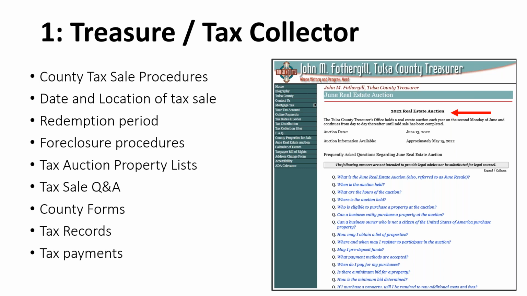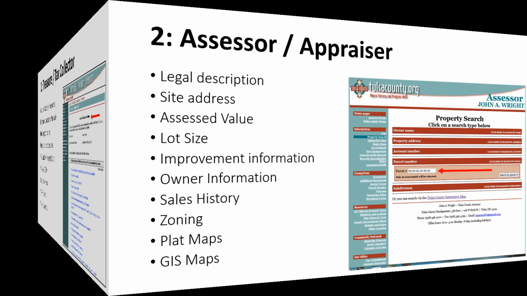Yeah, exactly. Here, the auction was handled by the treasurer. And so this is where we went to get the tax sale list to find out about any rules, dates, anything like that. This is where we went to essentially get that information. And now once we got that information, that's really where we're going to start researching the tax sale list within the assessor's office.